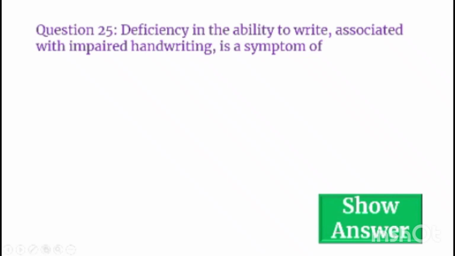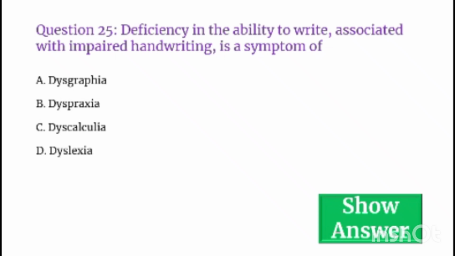The next question on your screen: deficiency in the ability to write, associated with impaired handwriting, is a symptom of A. Dysgraphia, B. Dyspraxia, C. Dyscalculia, D. Dyslexia. We have four options.